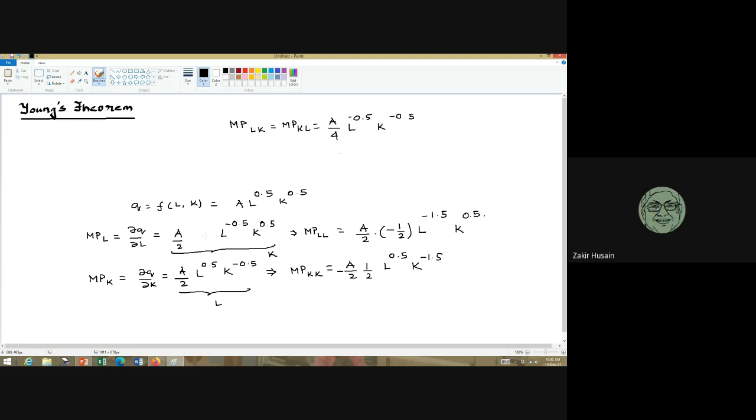ঠিক আছে। So we can see, দেখো a by 2 তো পজিটিভ, আর এগুলোও পজিটিভ হবে। The amount may be very small, তুমি যদি স্কোয়ার রুট নাও amount will decrease, but this entire thing is positive. So MPL and MPK are positive. কিন্তু এইতে মাইনাস সাইনটা চলে আসছে। So MPLL, MPKK are negative.